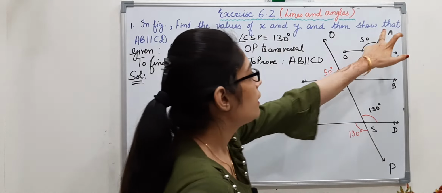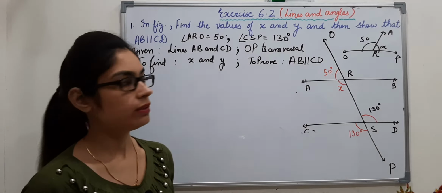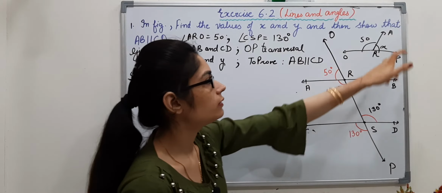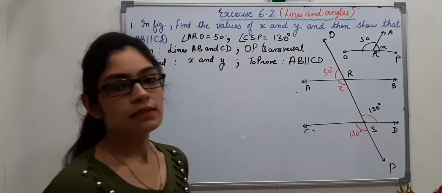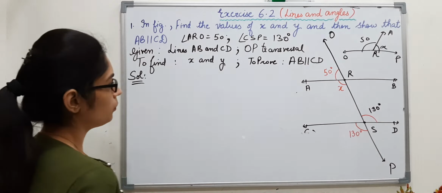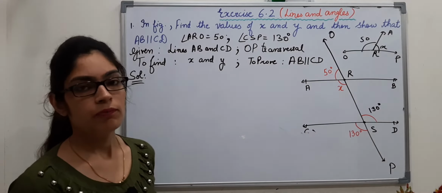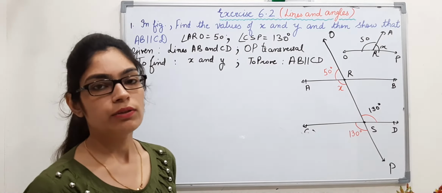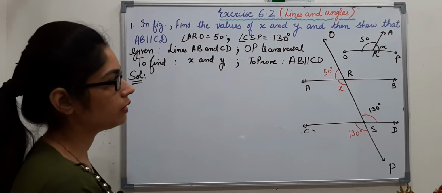So angle ARO and ARS are forming a pair of adjacent angles sharing a common vertex and common arm AR, hence their sum is equal to 180 degree according to linear pair axiom. So this is what we are going to use here. Linear pair, this concept we have already used while doing the questions of exercise 6.1. So same concept we are going to use here also.